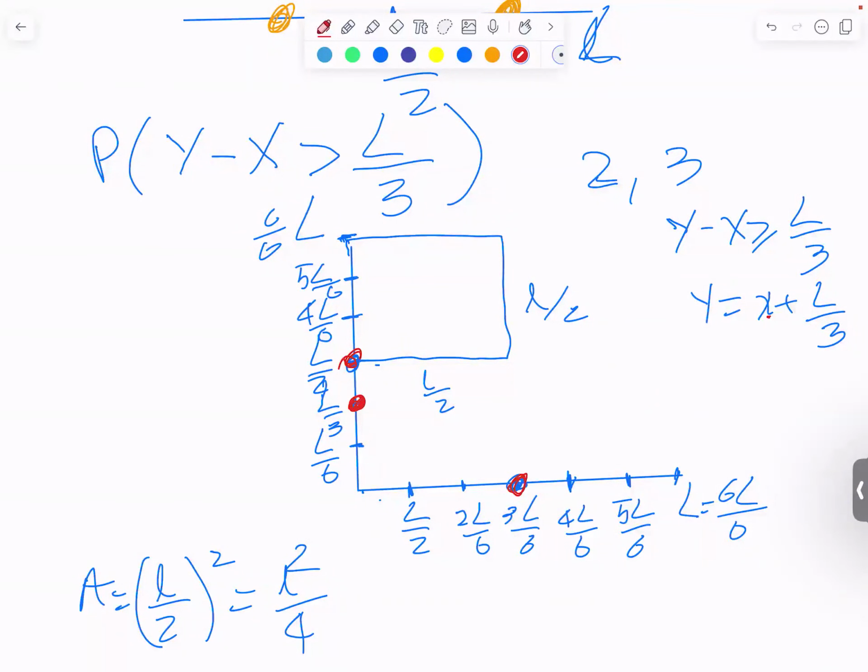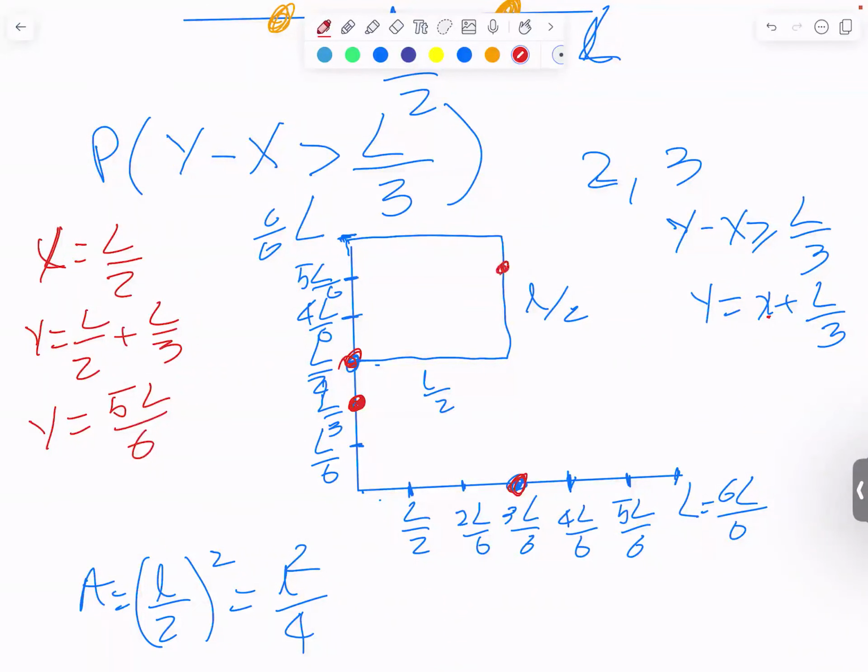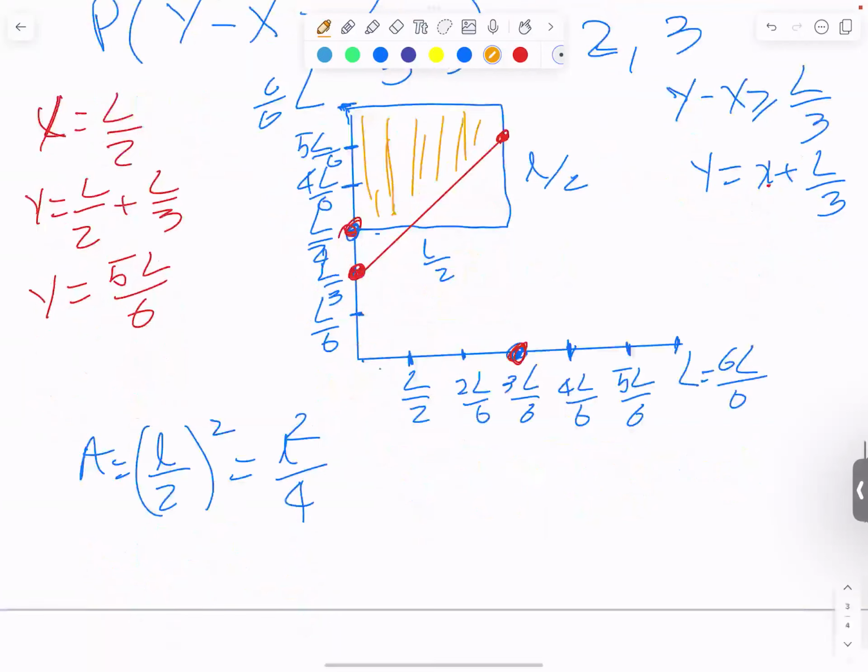And when x equals L over 2, we have y equal L over 2 plus L over 3, which is 5L over 6, which is here. And now we draw the line here. And now what we have to do is find the shaded area. And once we find the shaded yellow area, we divide it by L squared over 4, and we get the final answer.